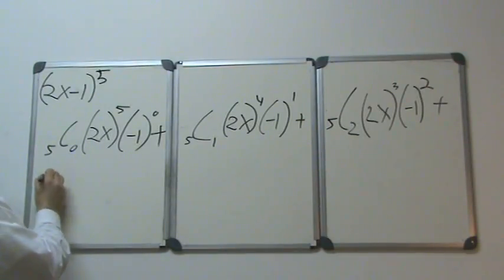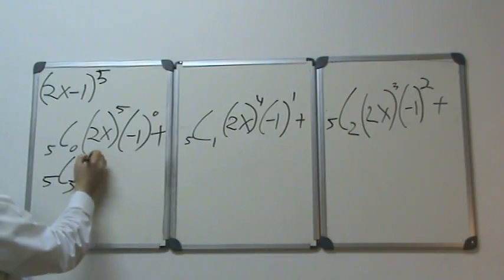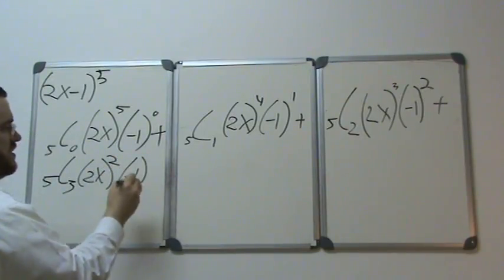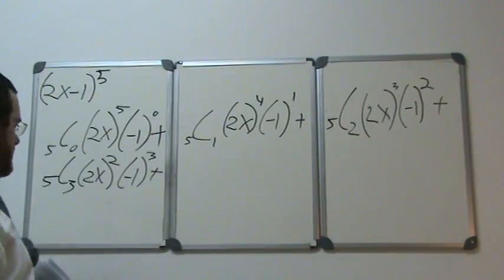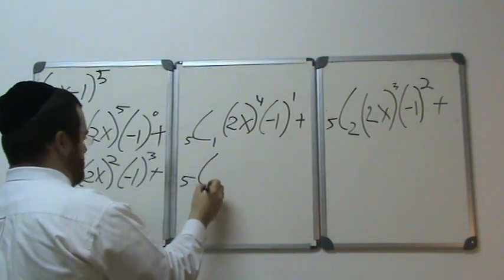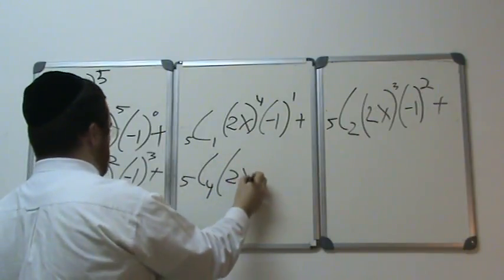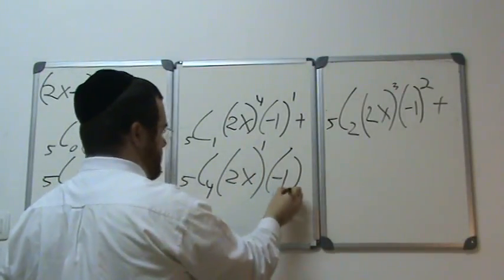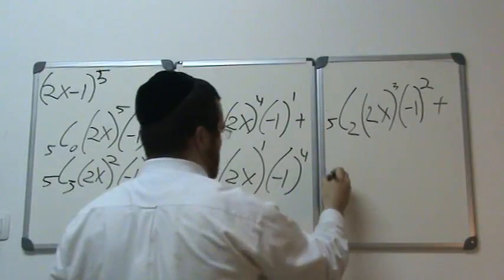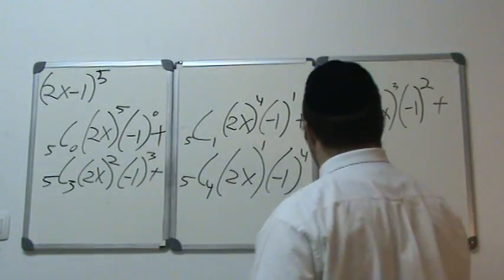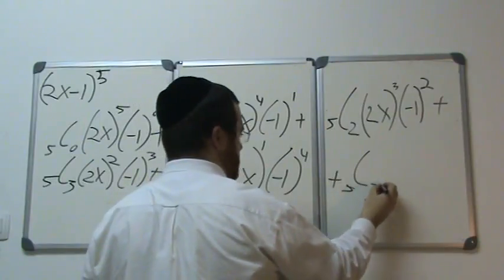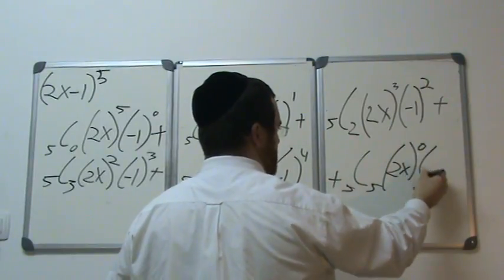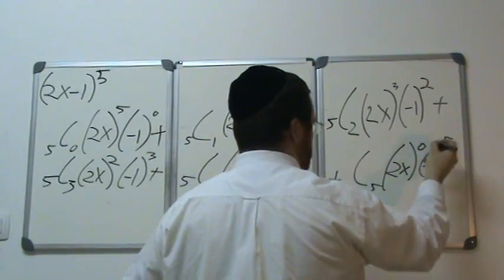So we're up to 5 combination 3, times 2x to the 2nd power, and the negative 1, which is the second term, is already raised to the 3rd power, plus 5 combination 4, and 2x, now it was to the 2nd power, now it's just to the 1st power, times negative 1 to the 4th power, plus, last but not least, 5 combination 5 times 2x to the 0 power times negative 1 to the 5th power.